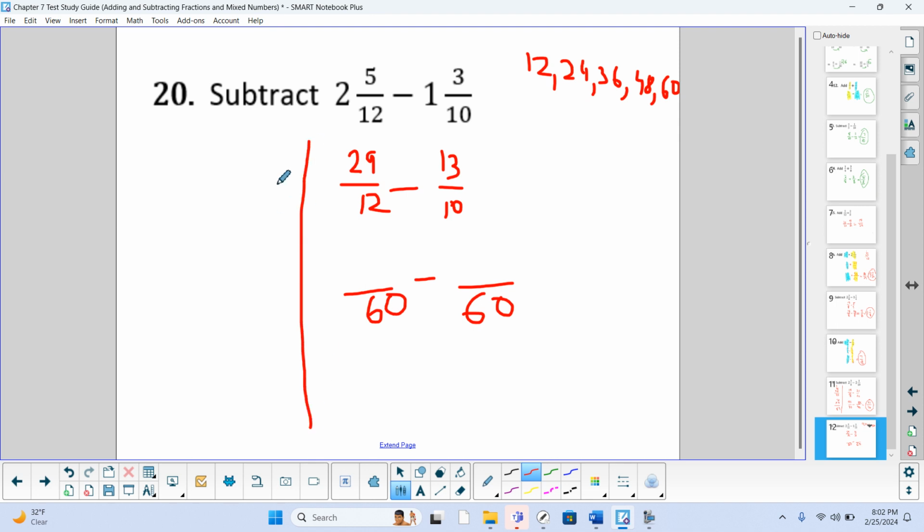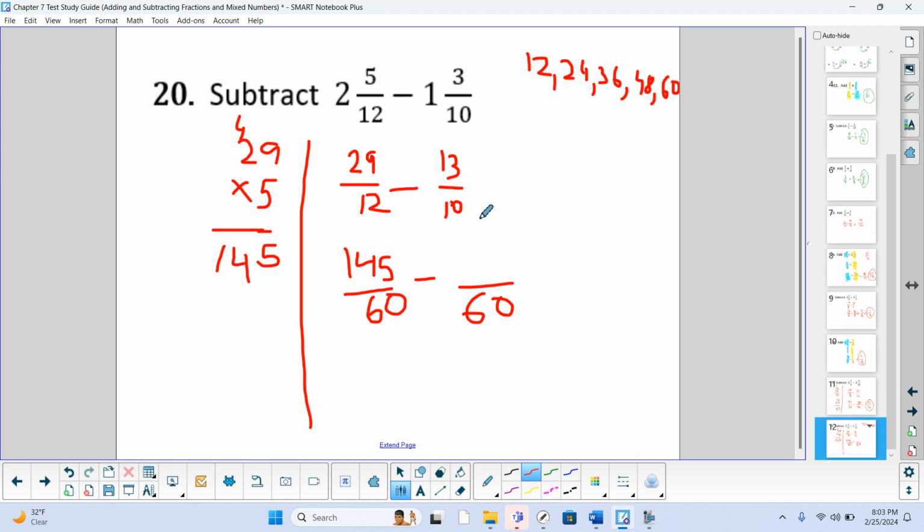Imagine I don't know that, so I'm going to go over here on the side and write that down. 5 times 29. 5 times 9 is 45, carry the 4. 5 times 2 is 10, plus 4 is 14, so this would be 145 over 60.